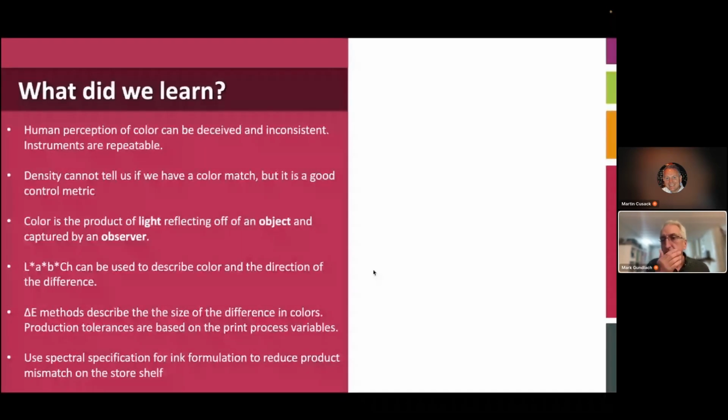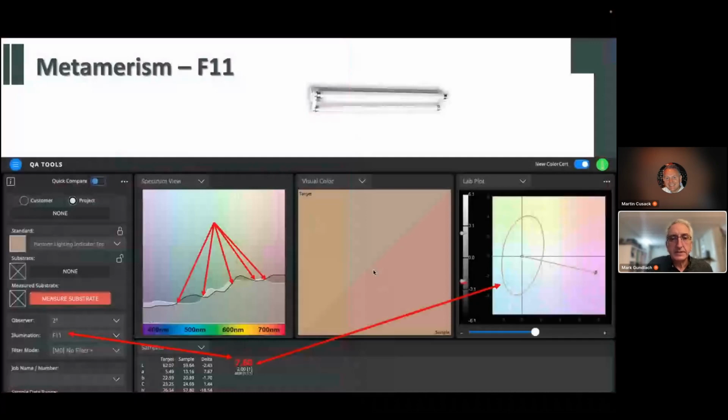Oh, okay. Good question. Remember the light, object, observer, right? The light is the starting point of the color, so the amount of color across each of those wavelengths is different.